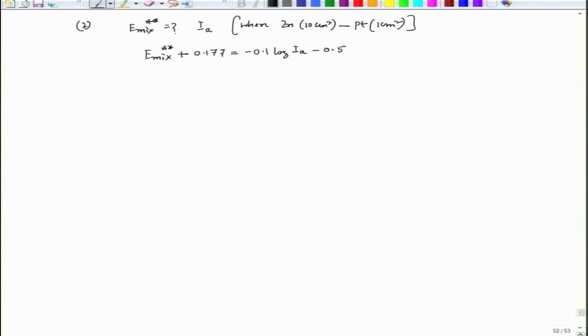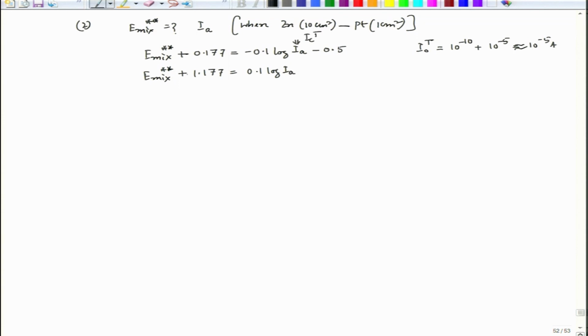So, I0 total equal to 10 to the power minus 10 plus 10 to the power minus 5, equal to 10 to the power minus 5 ampere. So, 0.5 E mix plus 1.177 equal to 0.1. Here I am replacing IC total.